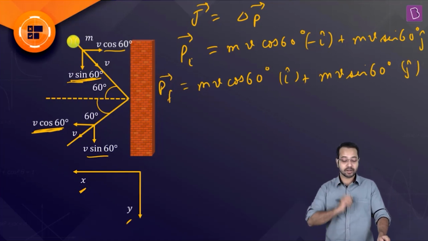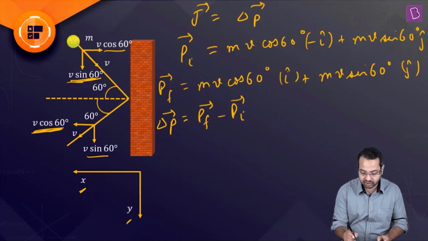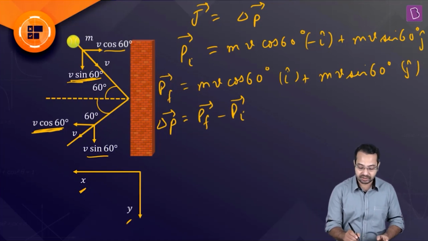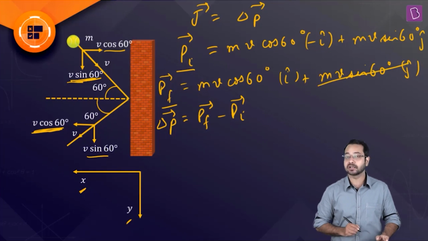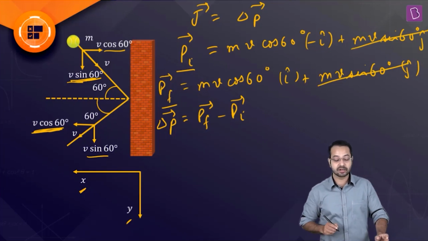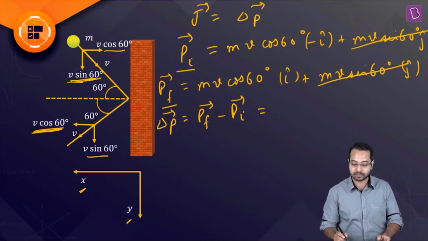Is that correct? Okay, so what is the change in momentum? The change in momentum is P final minus P initial. So if we subtract this from this, what we see is mv sin 60 degree j and mv sin 60 degree j gets cancelled. So what am I left with? So from here, minus i will become plus.